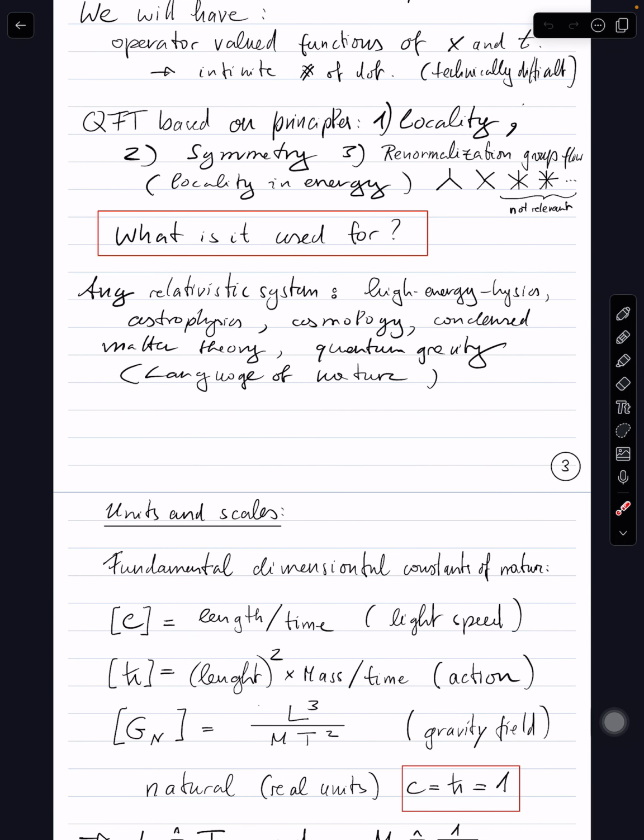Now, as we said, QFT is based on the principle of locality. Then symmetries will play an important role, whether a system is spherically symmetric, translationally invariant, and so on. And we also have locality in energy that we call the renormalization group flow.